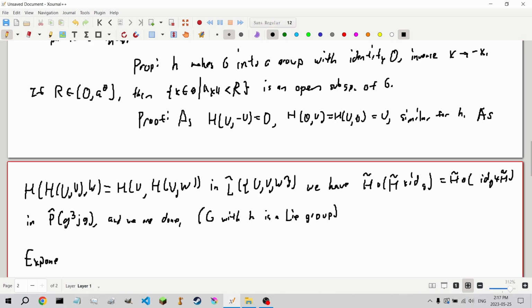So the exponential of incomplete normed associative algebras.